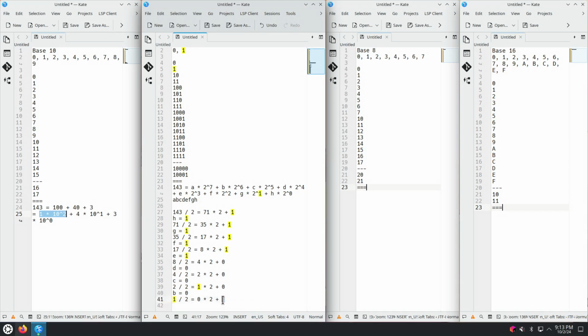So the next after B is A. A is the modulo, which is 1. The remainder is 0, and there's no way of dividing 0 by 2, because it will be 0 times 2 plus 0, and this will go on forever.